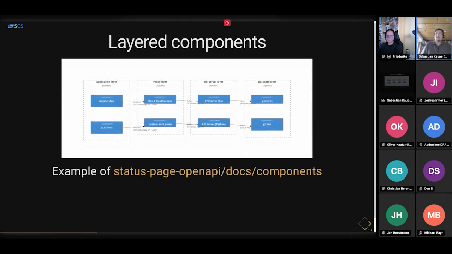What we arrived at is this. This is a high-level overview of our architecture. And you can see that our application is split into 4 different layers, which are displayed vertically here. We have at the very left the application layer. This is the part that your user actually interacts with. This might be a web app.